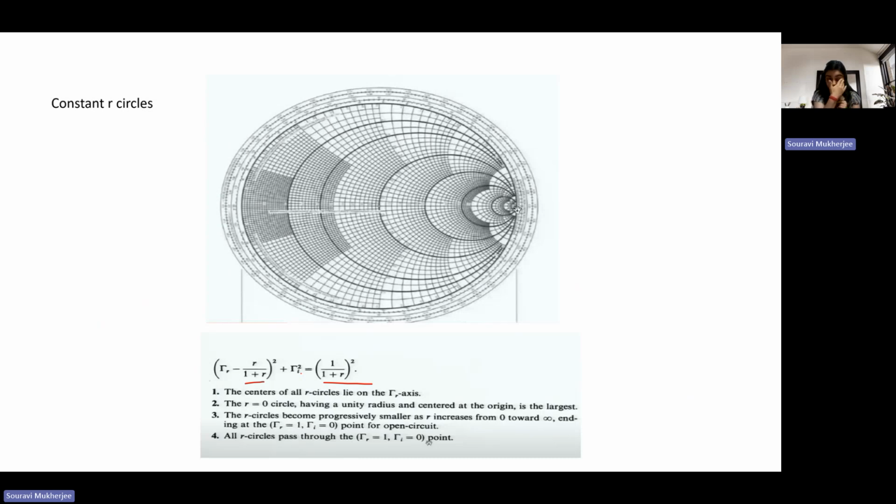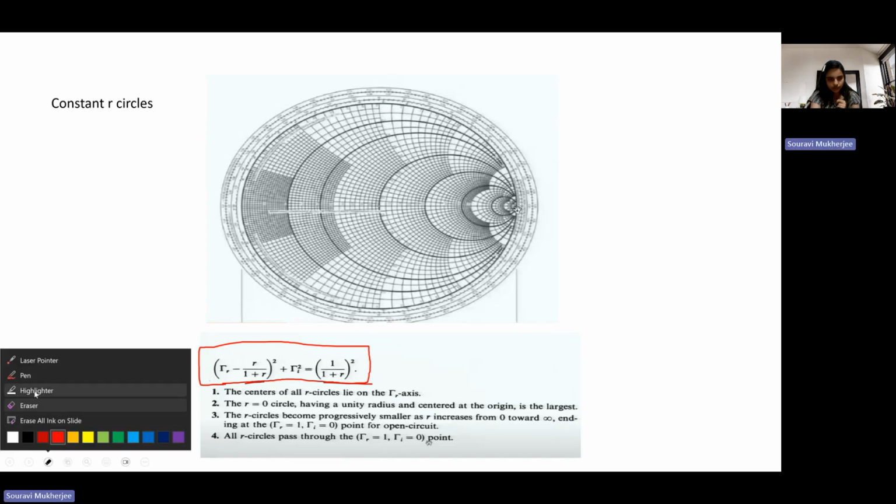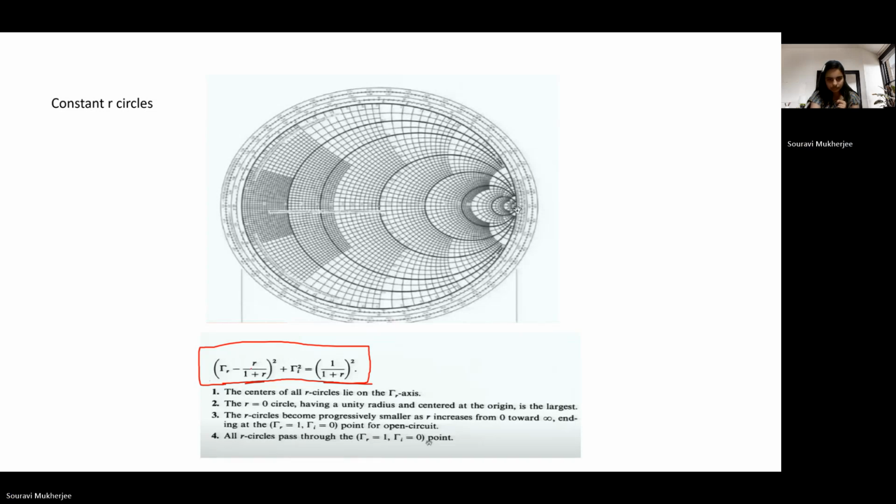So these are equations of circles. Each value of r will correspond to a circle where the radius will be given as 1 by 1 plus r, and the center of the circle will be given as this.